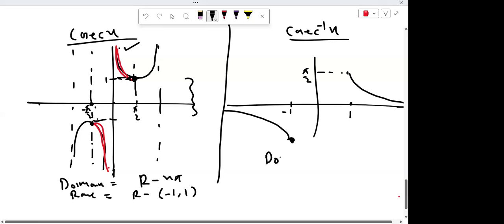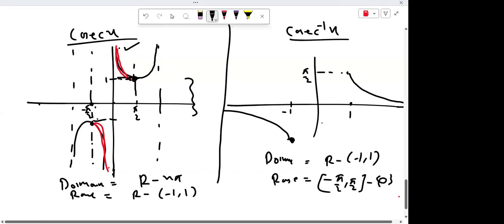The domain is the same as the range of the previous one, which is R minus (minus 1 to 1). And the range becomes minus pi by 2 to pi by 2, close brackets, minus 0, because 0 is not available here. Noted.